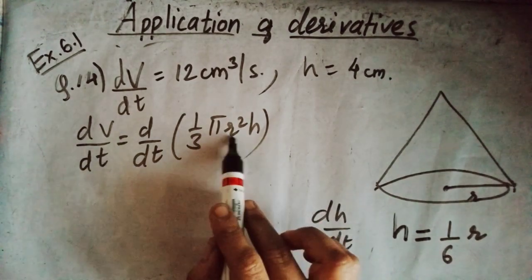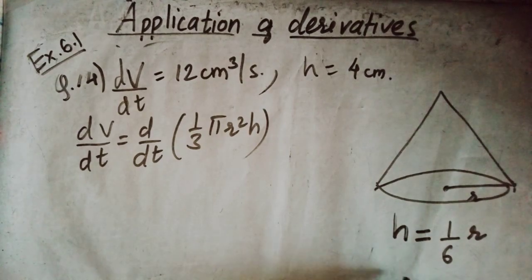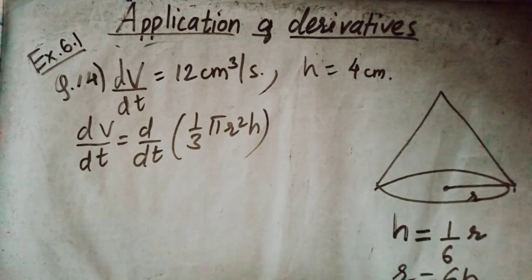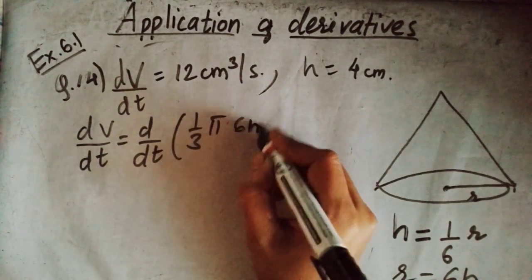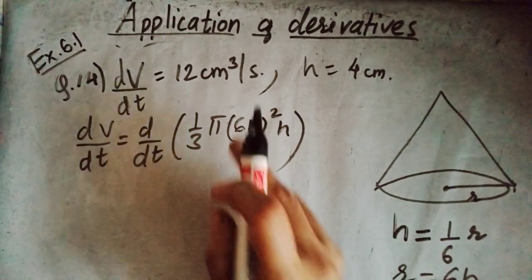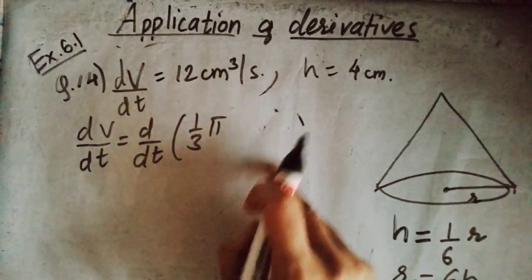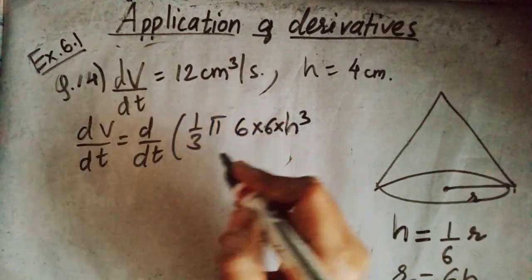So you don't want r here, so in place of r you have to substitute h. So r will be 6 into h, right? So substitute (6h) the whole square into h here. So this will be h cube, and this is 6 into 6, right?